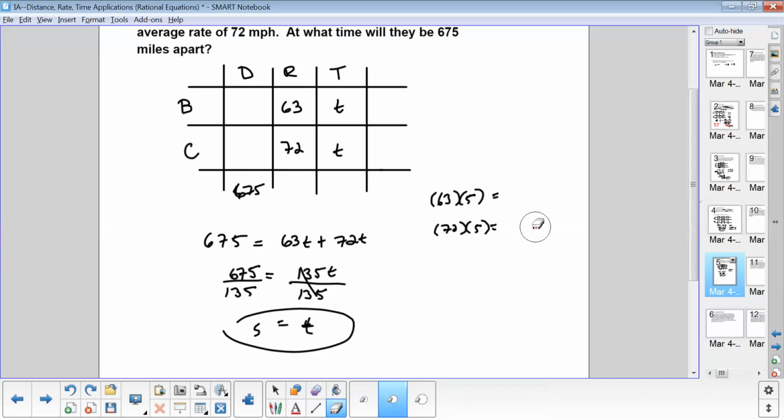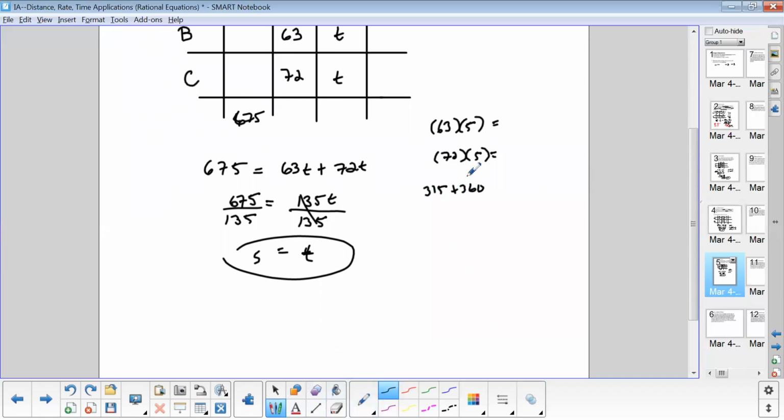And 72 times 5 would be 360. So if we took 315 and 360 and added those together, we would get 675.